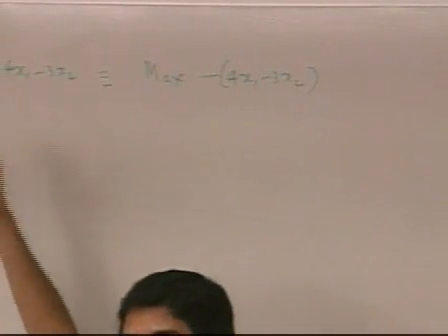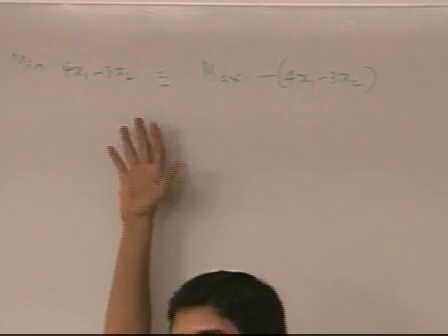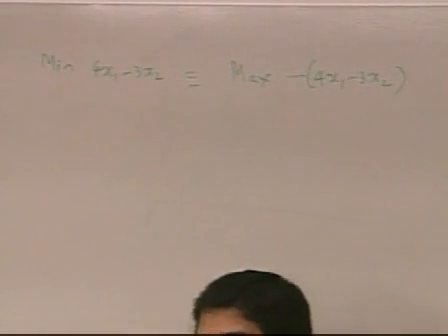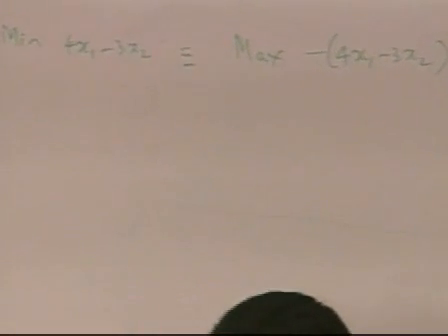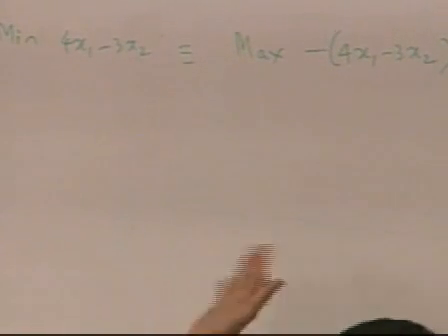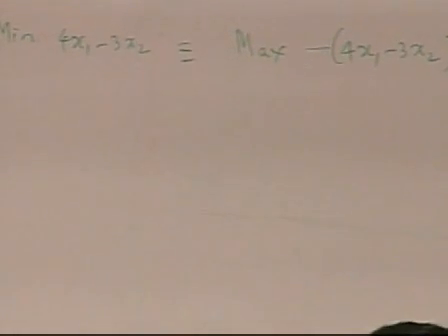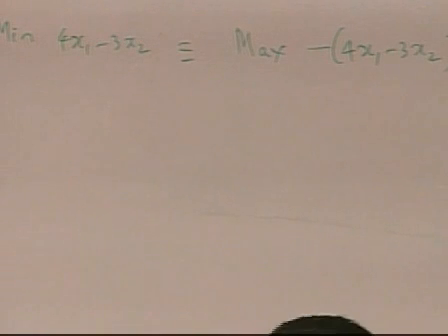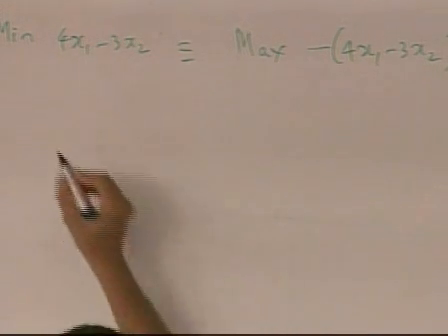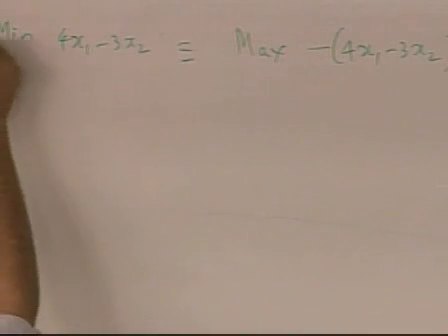So if you're given a minimization problem and you want to convert it to a canonical form, you just negate the objective and write it down as a maximization problem. How many of you agree with that? Okay. Is there any question about that? Nothing, right? Okay.